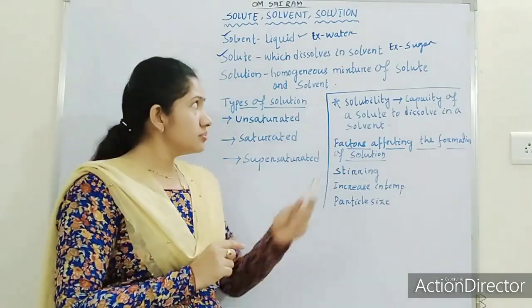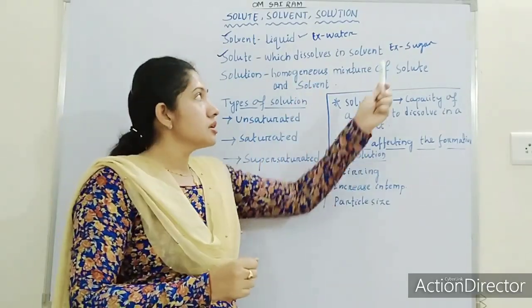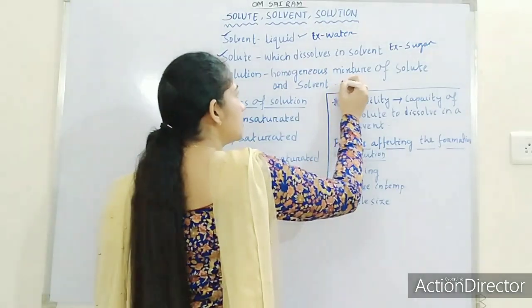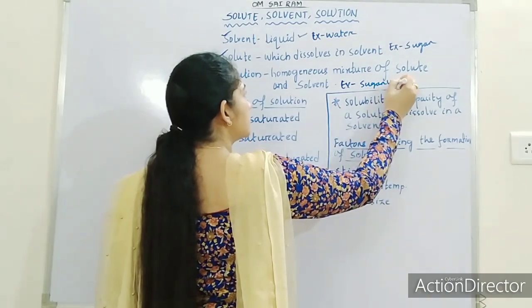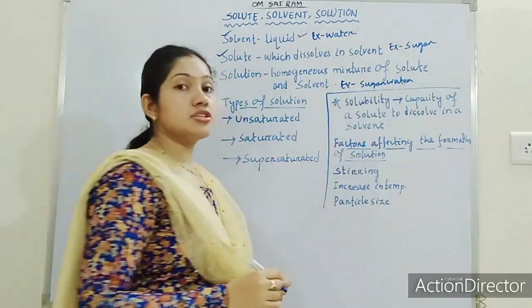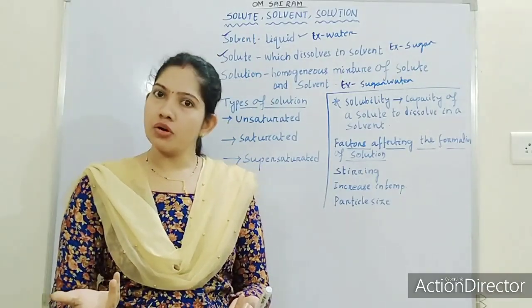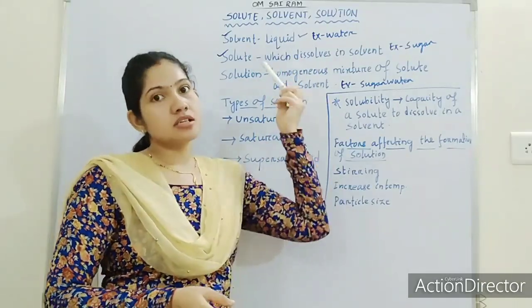So a solution is a homogeneous mixture of solute and solvent. Here we can take the example of sugar and water. Sugar water is a solution of sugar and water. Got it?